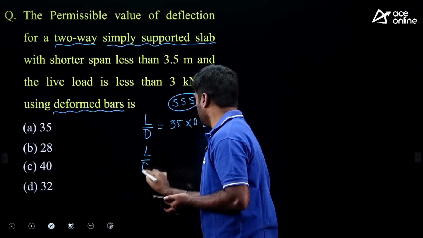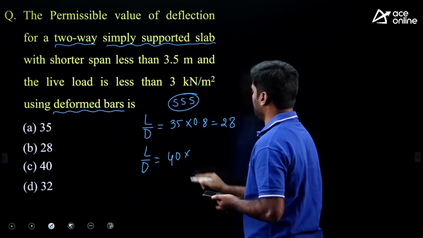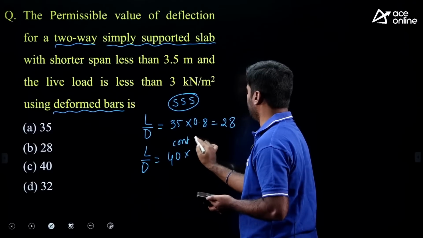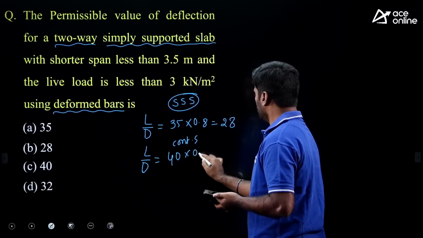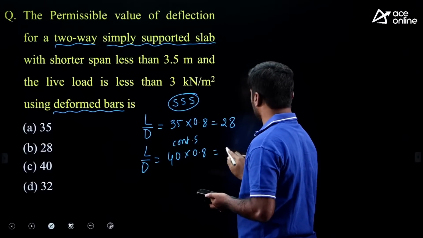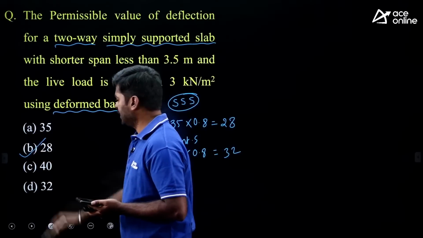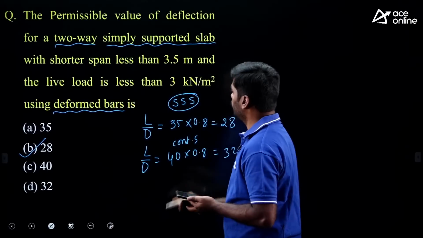L by D value for a two-way slab, if it is continuous slab, it is 40. If you want for HYSD bars, simply multiply with 0.8, you may get 32. My dear, option B is correct here, right?